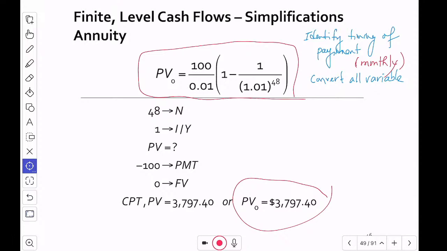All right, so let's see about entering this into our calculator manually. If I was to enter this into my calculator manually, I would start here. I always start in here. I start with my exponent. So I would say 1.01 y to the x 48 and then equals.